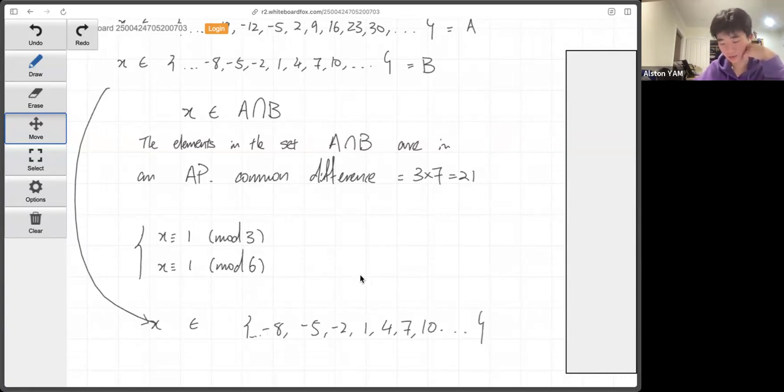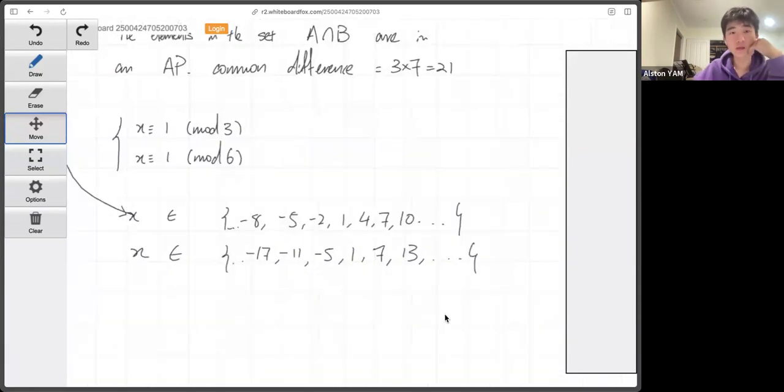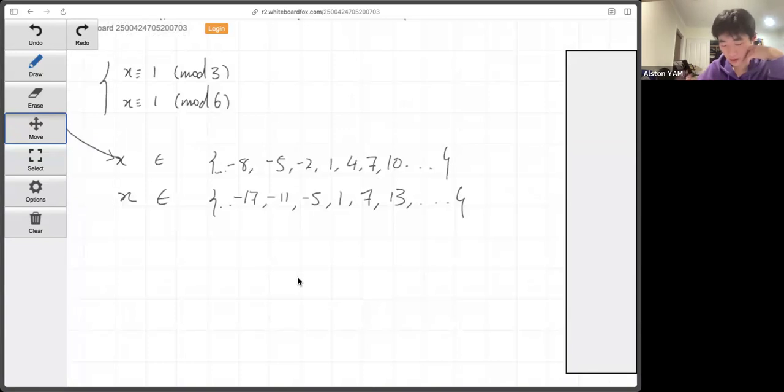And then at the same time, x must also be in this set, which is, obviously 1 will work, and then 7, 13, and so on to the positives. And then the negatives, it will be negative 5, negative 11, negative 17, and so on to the other side. Okay, cool. So if we now look at these two sets intersected with each other, you see the common elements.